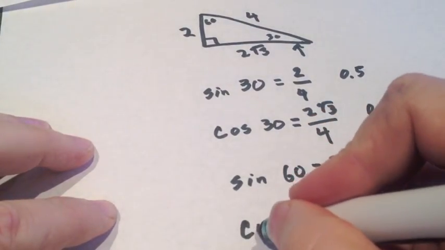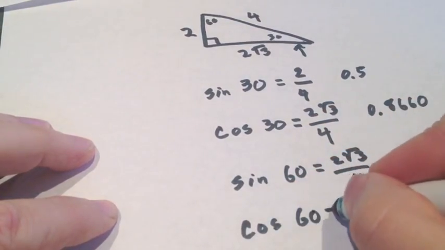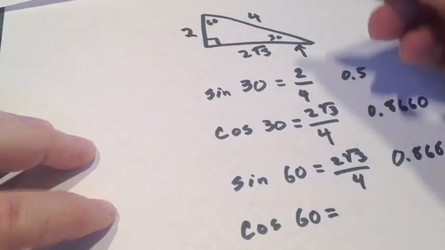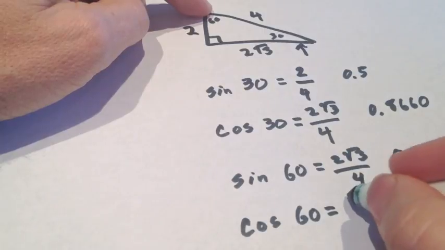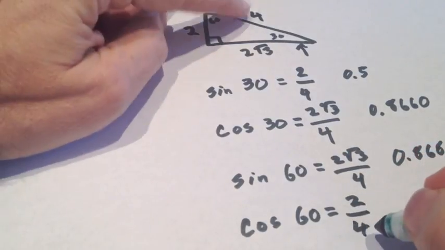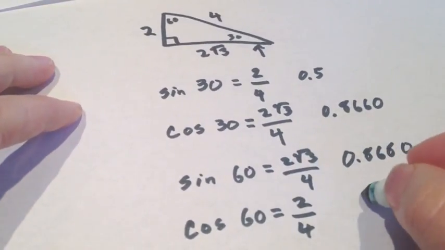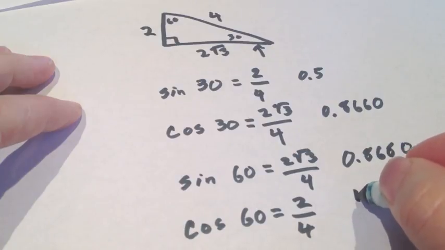And the cosine of 60 degrees is, so from here, this is adjacent to the 60, but it's not the hypotenuse. Hypotenuse is always this number. And so this is going to be 0.5 or 1/2.